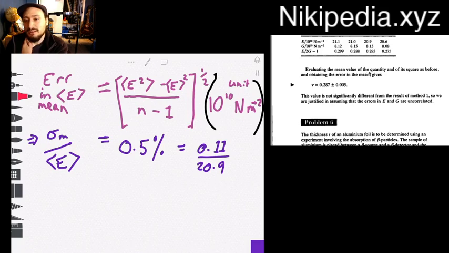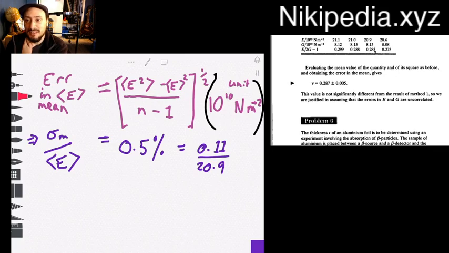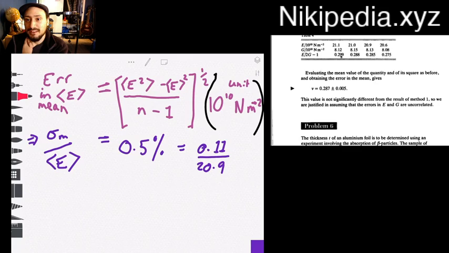Evaluating the mean value of the quantity and of its square as before. This time we just do it on this quantity, so we add these four values together, divide by 4, and square each of those values, and then we calculate the error in the same way as we did before, and we arrive at 0.005 as the fractional error, and then the percentage error would be that divided by that.